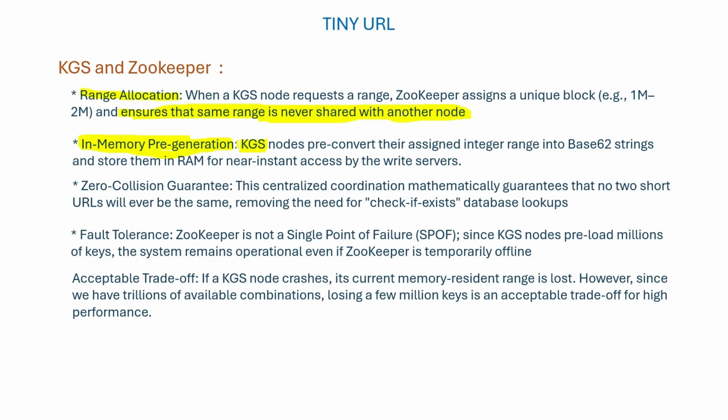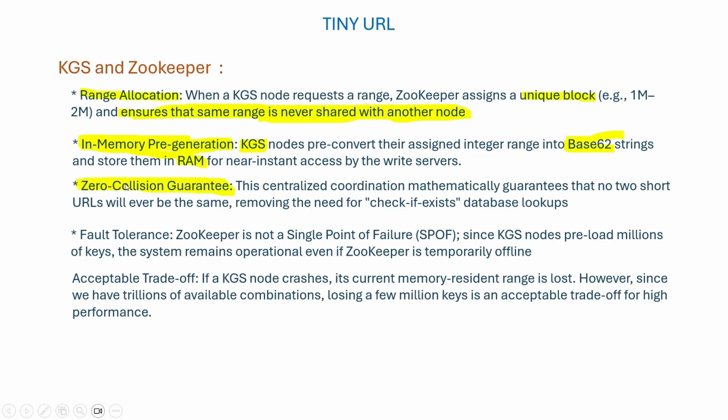Instead, when the unique block is assigned by the zookeeper, at the very initial stage itself, the node will convert all the numbers in the unique block into base 62 strings and keep them in memory or RAM, so that when the write server makes a request to the KGS, it will immediately respond without referring to any DB or even ZooKeeper. It will be very quick since it accesses from RAM.